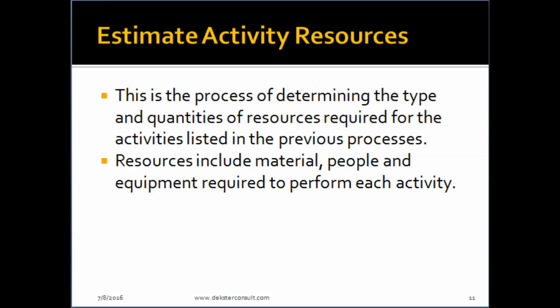So we want to find out what quantity and type of material, what quantity and skill level of people, and which equipment are necessary to perform each activity that we have listed in our activity list and which we have sequenced to form our network diagram.